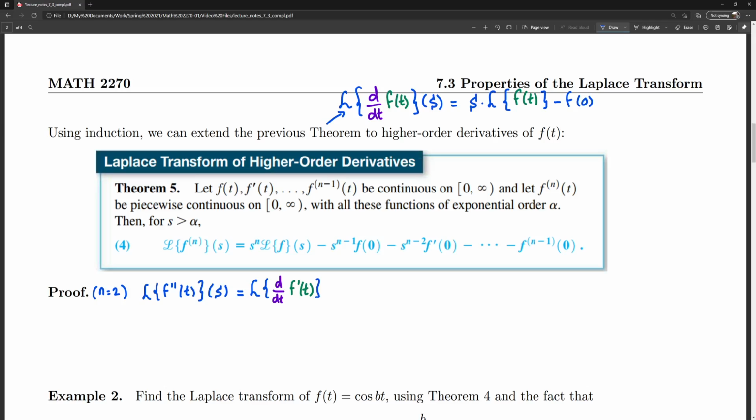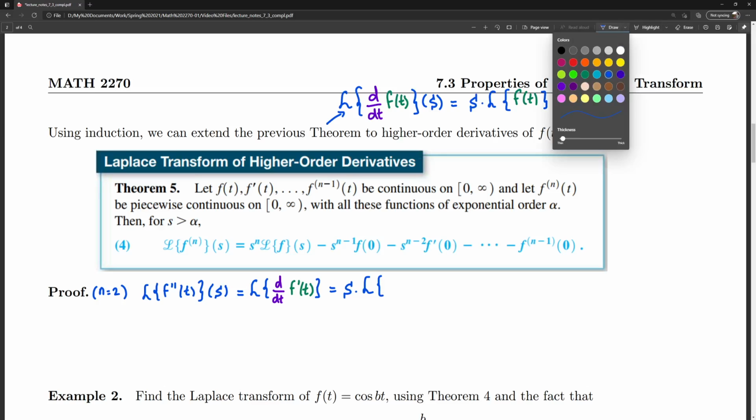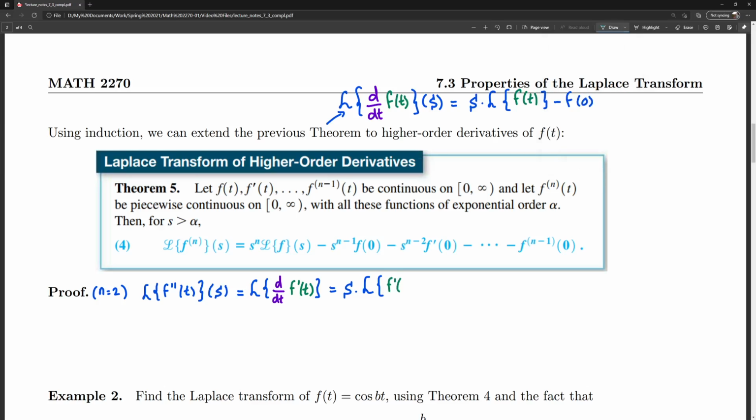But by theorem 4 from the previous video, we can write this as s times the Laplace transform of not f of t here, but f prime of t.